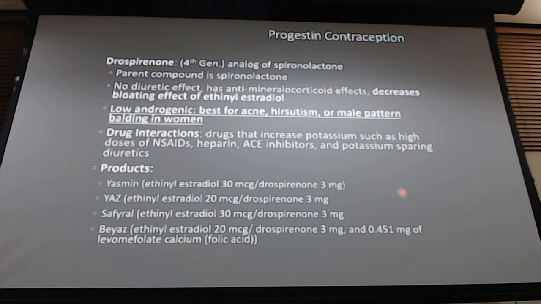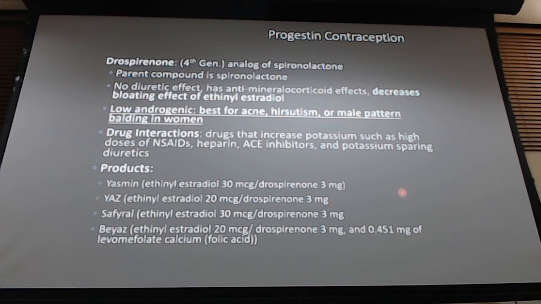Again, you see that because I have that low androgenic activity, I'm looking at these for a patient who has a lot of acne and all those androgenic side effects that we talked about, balding occurring. This is a good option for us to use, those fourth gens.